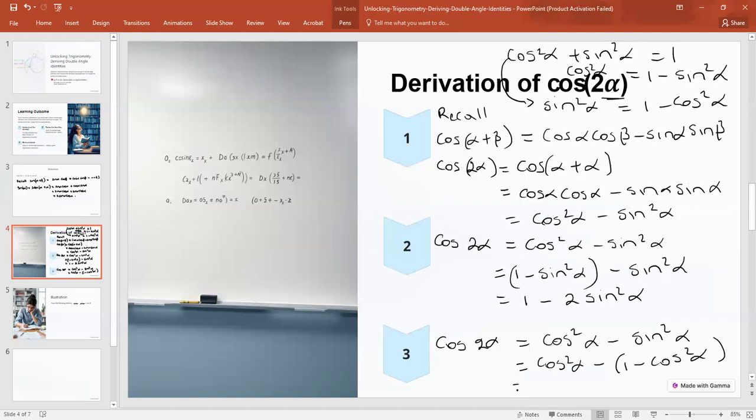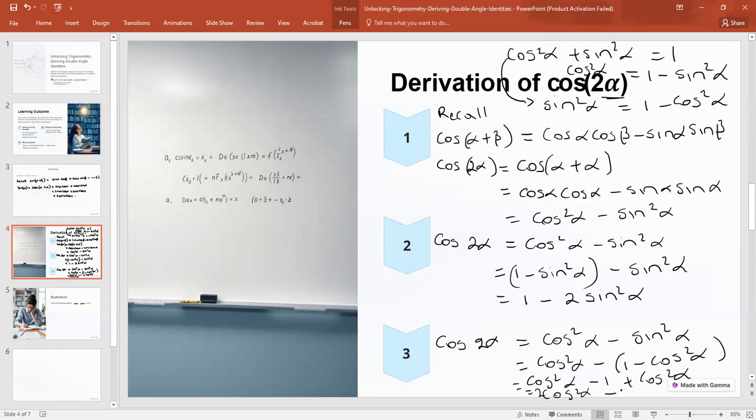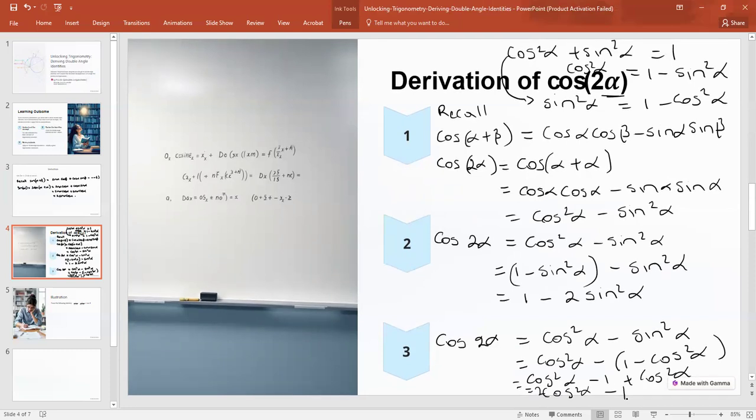If you open up the bracket, we are going to have cosine squared of alpha minus 1 plus cosine squared alpha. And this gives us what? 2 cosine squared of alpha minus 1. Then we are done with the derivation of cos 2 alpha. Take note, derivation of cos 2 alpha has 3 forms that we have mentioned so far.